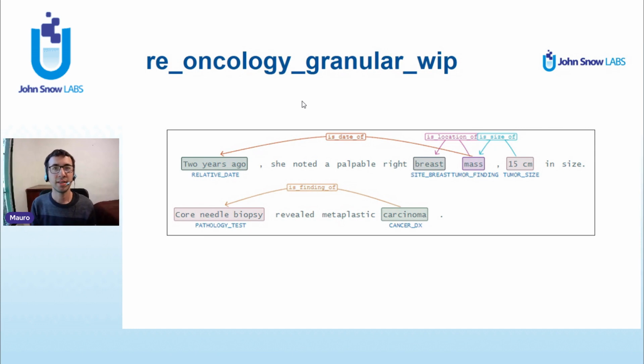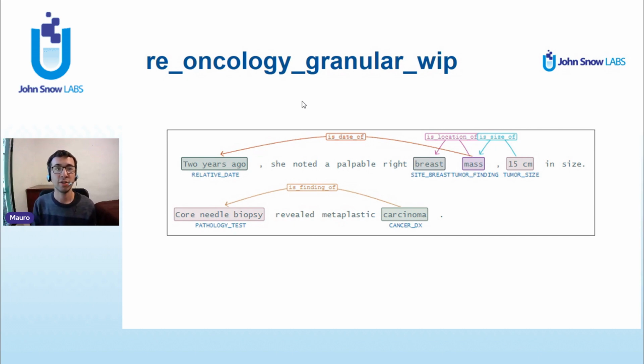In this slide, you can see an example of a relation extraction model. In this case, it is a RE oncology granular wip. As you can see, the first sentence, for example, "2 years ago, she noted a palpable right breast mass." "2 years ago" was extracted by an NER model as relative date. "Mass" was extracted as tumor finding.